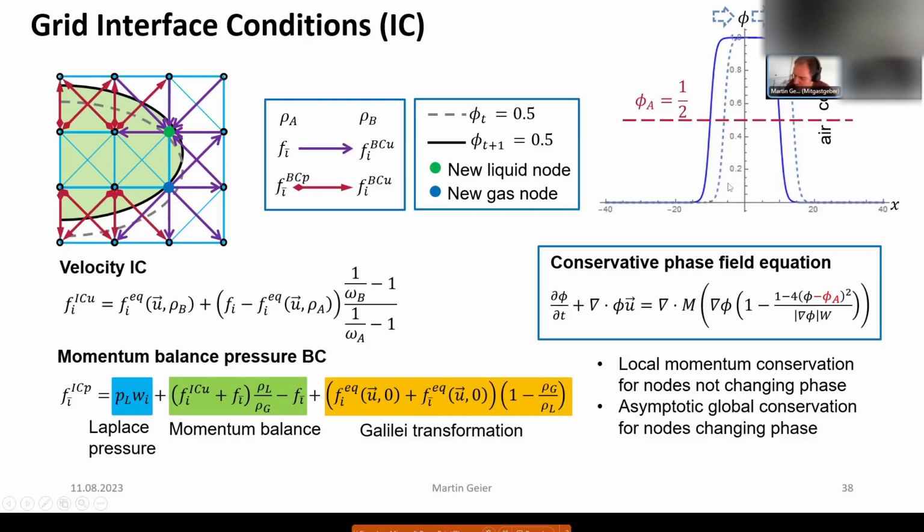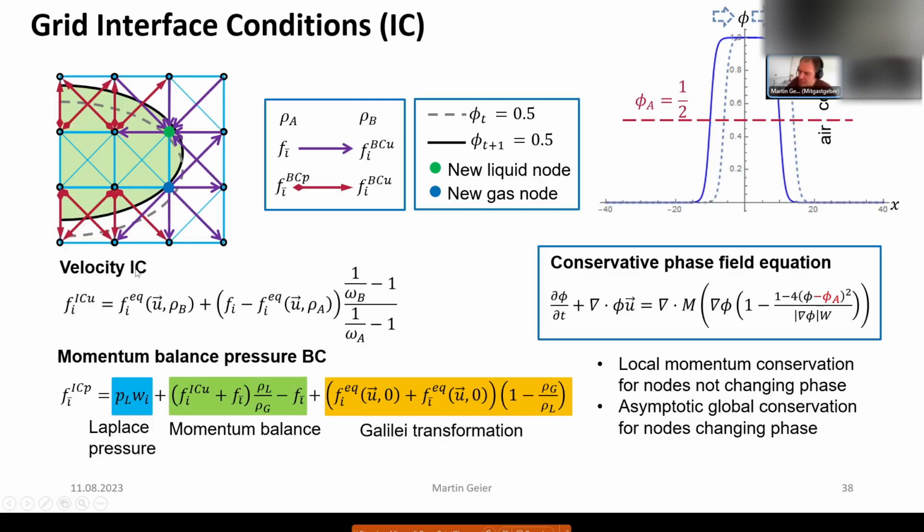What we are doing is we're using a mixture actually of a phase field method and a sharp interface method. Because we originally came from phase field methods, but then we realized this doesn't work at such high density ratios. So we turned this into a sharp interface where we said, okay, there's a level set, this indicator function with 1/2, and then we put just velocity boundary conditions on the gas side and pressure boundary conditions on the liquid side.